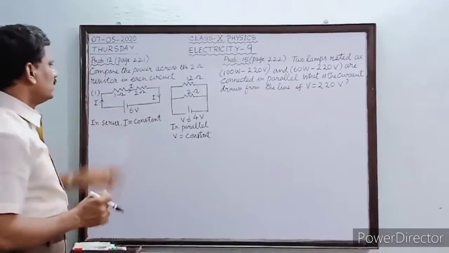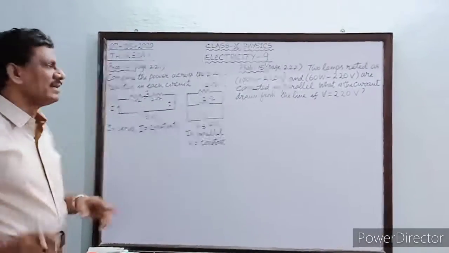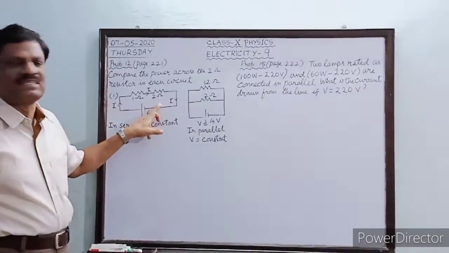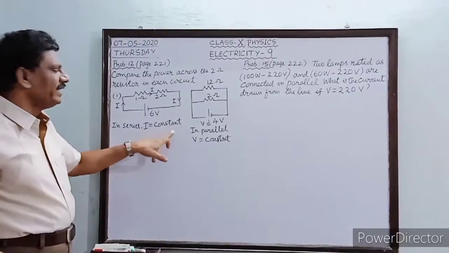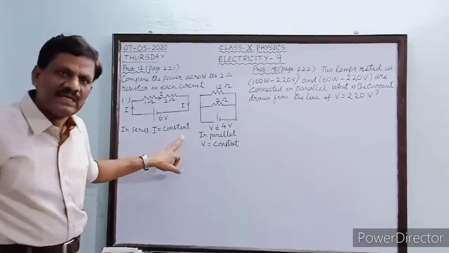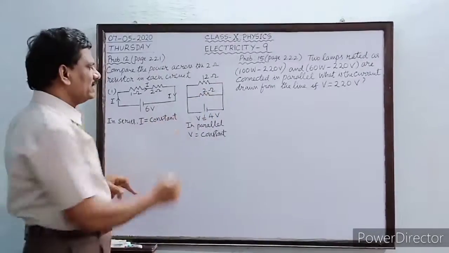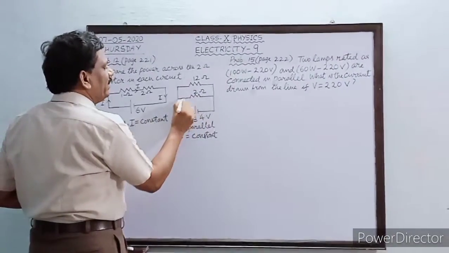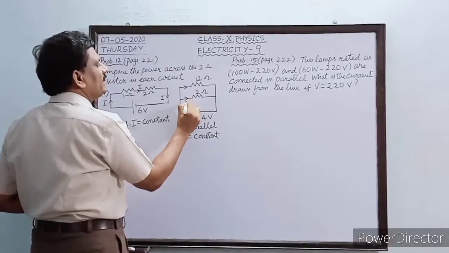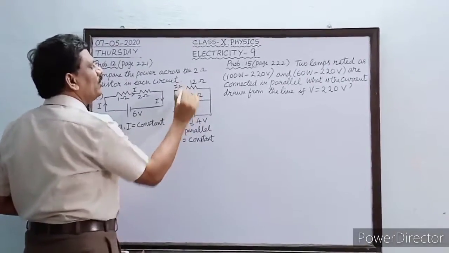Now we have already studied that in a circuit consisting of a series combination of resistances, the current I is constant. Is it not? The current will be constant. And in a parallel combination, the current sent by the battery will be distributed like this. So if this is I1 ampere, this will be I2 ampere.